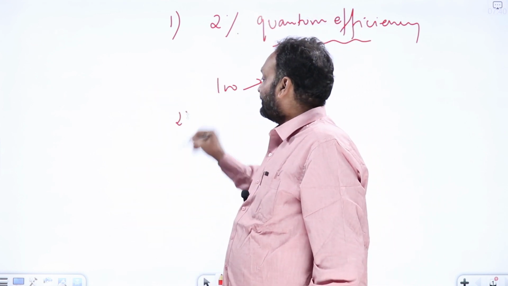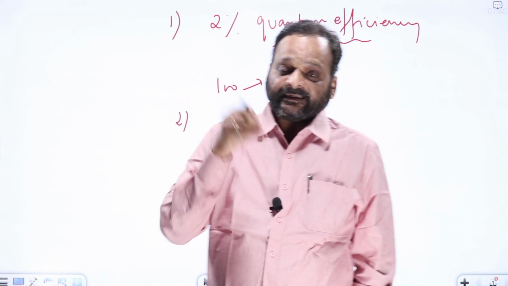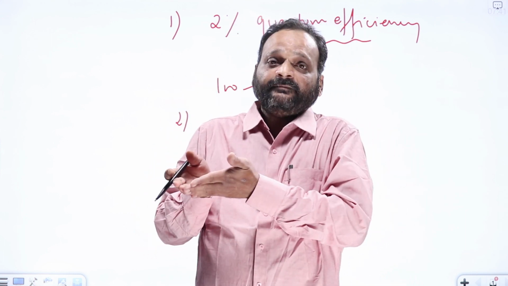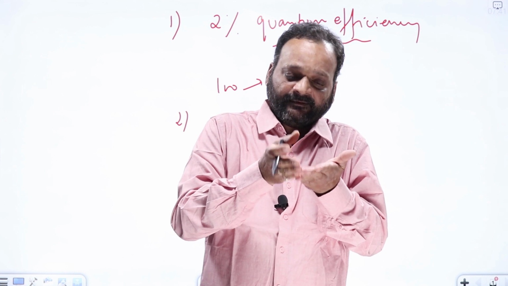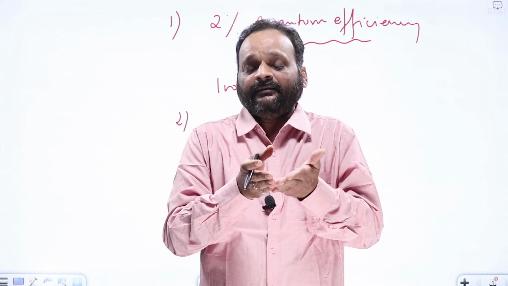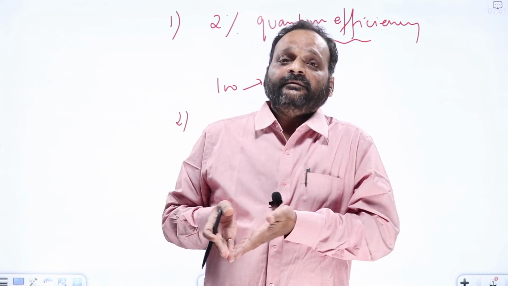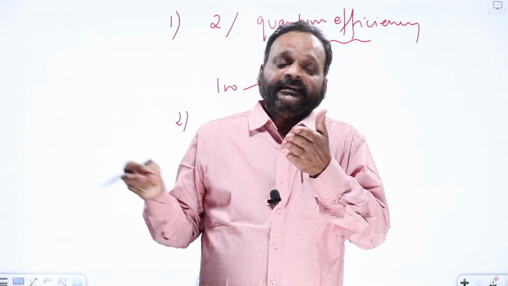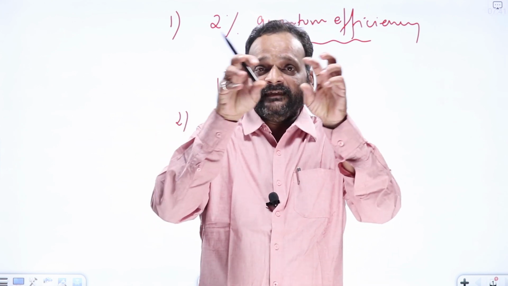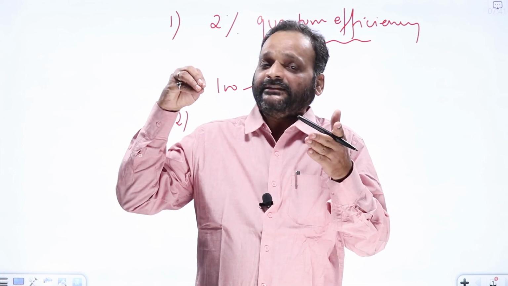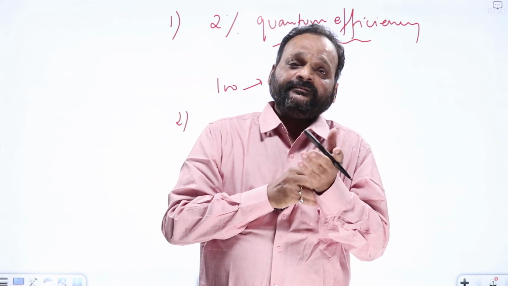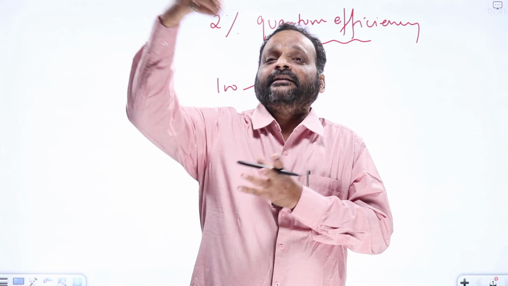Second, when I am sending light photons onto a metal plate, a large number of electrons come because free electrons are many in metal, so observable current is coming. If I send these light photons onto a gas containing individual atoms, what will happen? These photons will hit the electrons in individual atoms, and that electron from the individual atom will come out.